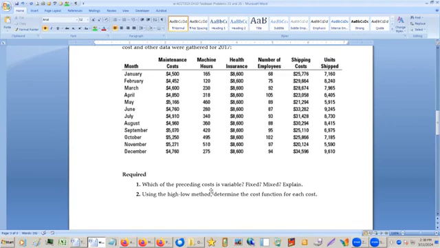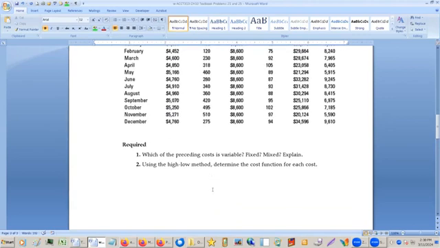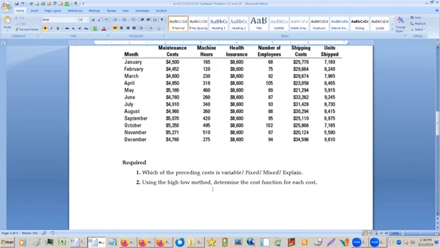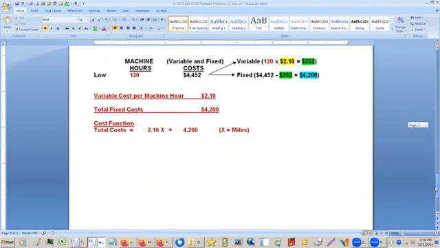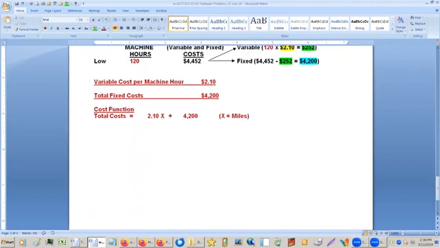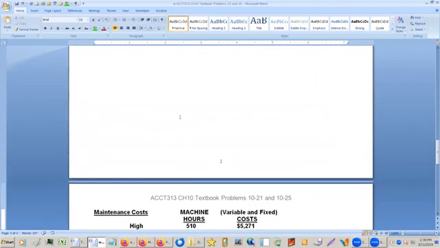For example, let's say that you're going to have 300 machine hours. So if you plan on using 300 machine hours in the next month, by month, aren't they?